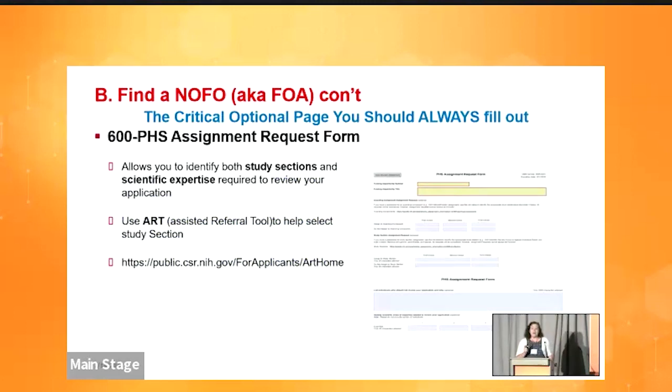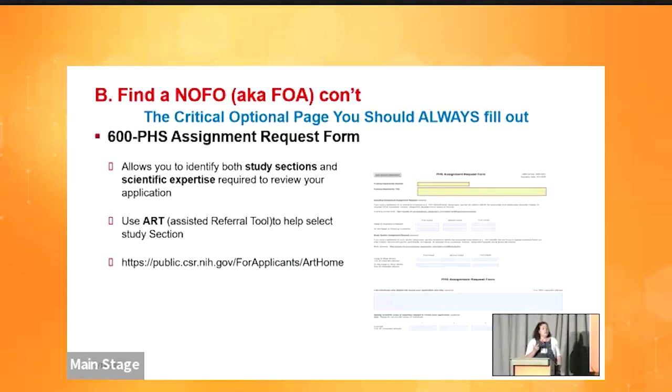Okay, but there is one form every time you submit an application that you really, really, really need to fill out. It is optional, but if you don't fill it out, you are shooting yourself in the foot, and it's called the PHS assignment request form. Why? This is where you identify what study section you think your application needs to go to.